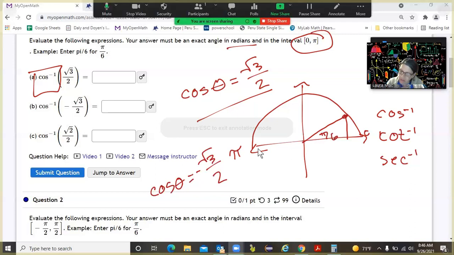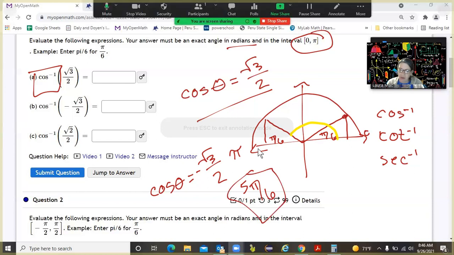So this is going to be here. And so we just need to figure out how we get all the way to this angle. We know that this part's going to be pi over 6, so that must mean the entire angle is 5 pi over 6. You see how that's just one short of the full pi, so that's in the second quadrant. So that one's going to be 5 pi over 6.